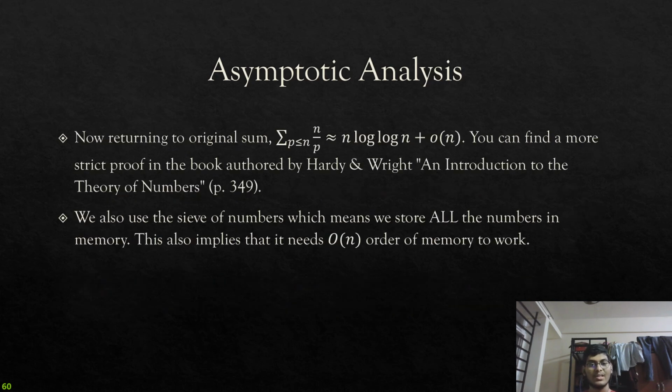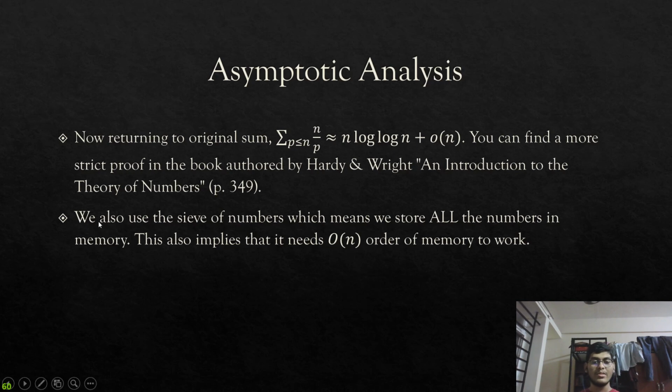If we return to the original sum, the whole sum of n by p is n log log n plus O of n. The more strict proof is in the book authored by Hardy and Wright, An Introduction to the Theory of Numbers. It's a really great book.